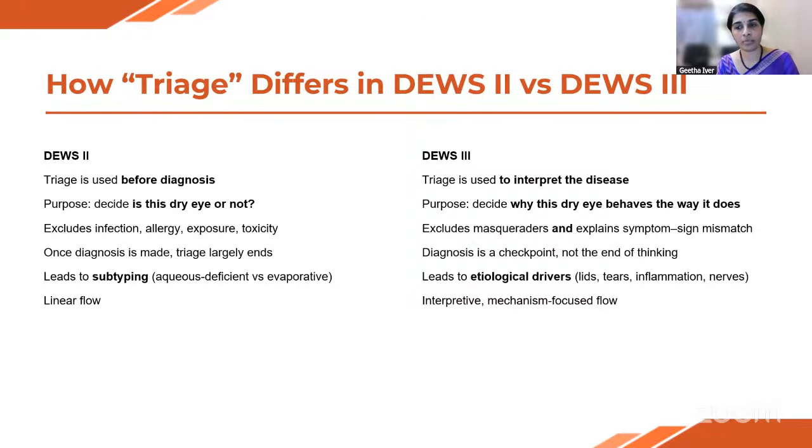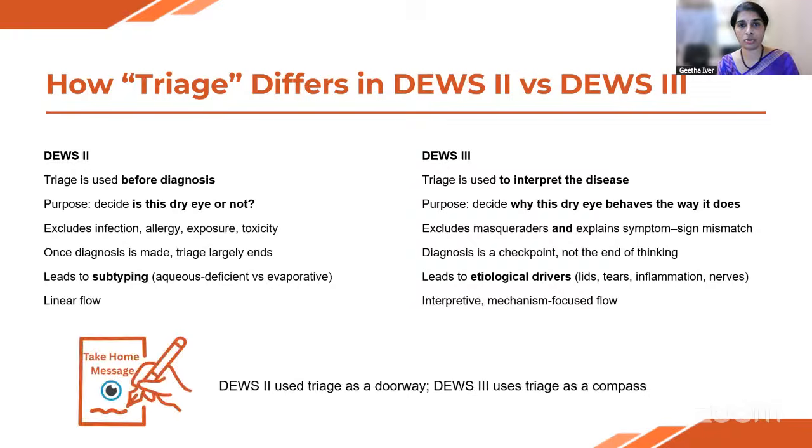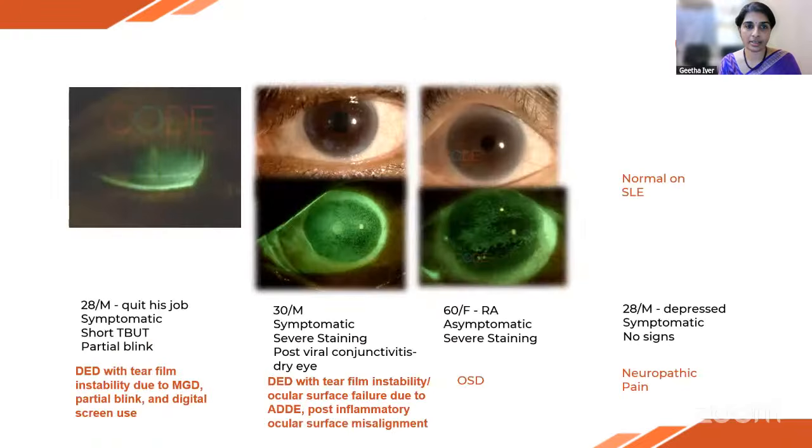Diagnosis is a checkpoint and is not the end of thinking, and it leads to etiological drivers. So DEWS 3 basically follows an interpretive mechanism focused flow, unlike DEWS 2, which we probably can call a linear flow now retrospectively. So DEWS 2 used triage as a doorway, whereas DEWS 3 uses triage as a compass in dry eye disease.